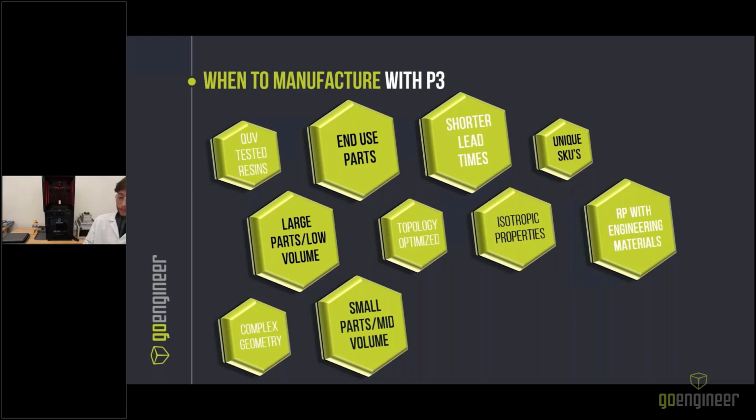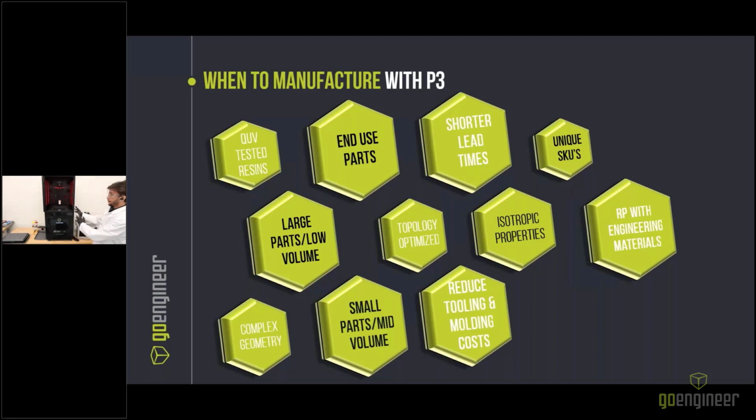Isotropic properties, again, the strength in X, Y, and Z are all equal. It's independent of the print orientation. With an extremely high accuracy, high performance material offering like this, it can reduce your tooling and molding costs or eliminate them altogether.